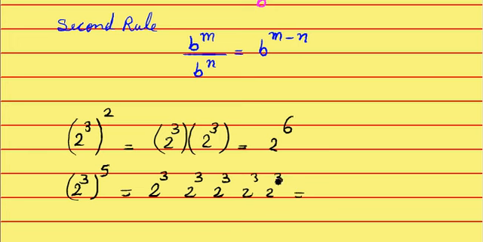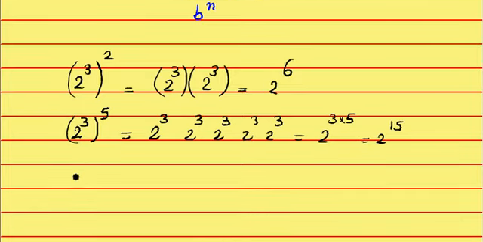I'm adding 3 to itself 5 times, and the shorthand for that is just 3 times 5, or 15. So the answer is 2 to the power of 15. What we see from all of this is that b to the power of m as an entity, if that is raised to the power of n, we get b to the power of m times n. We multiply the old and new exponents.